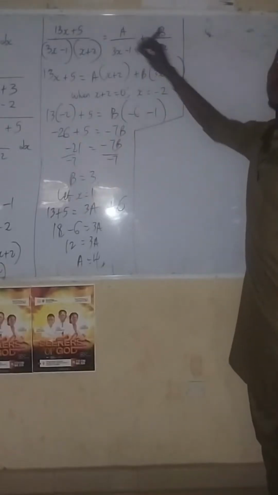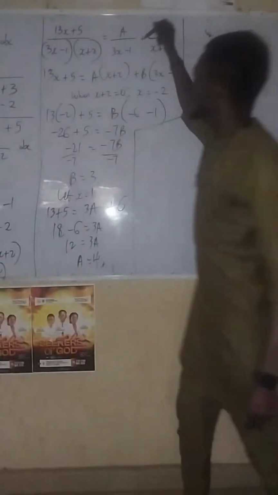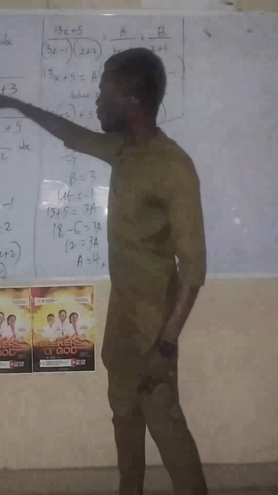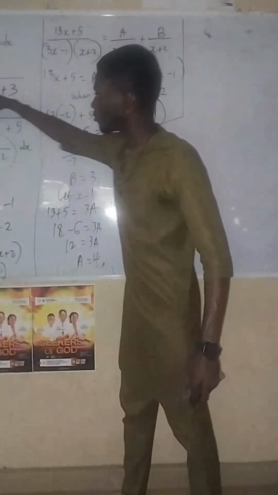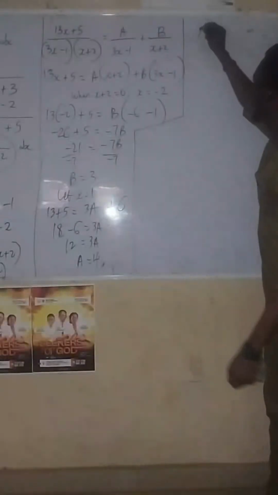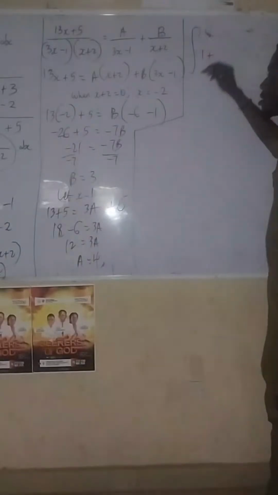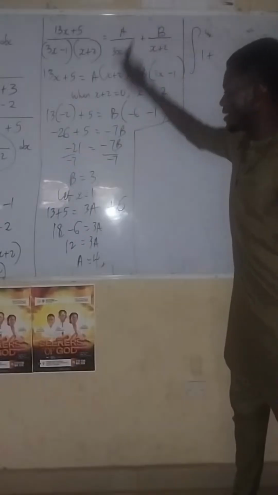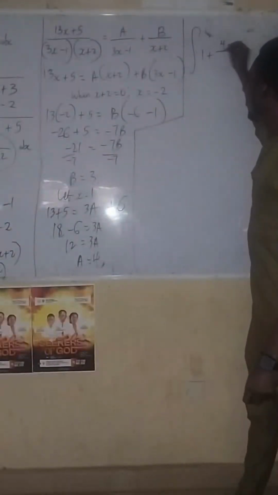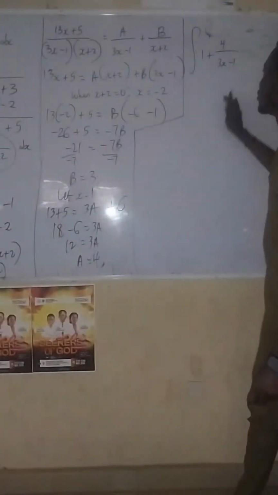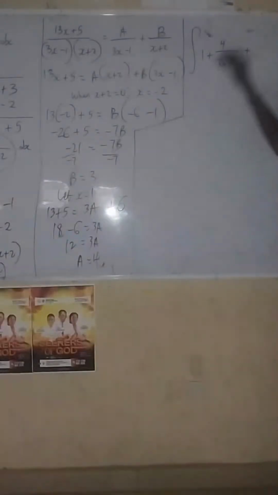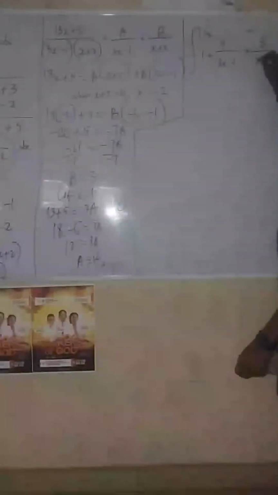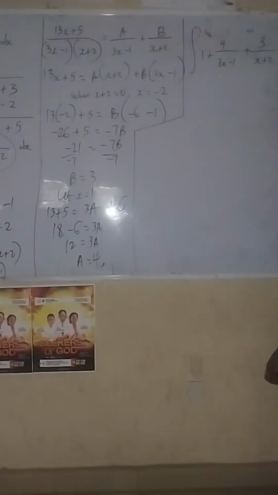Now we put it here. You know that this one is substituted for this one now. So we are looking for the integral of 1 plus 4 over 3x minus 1 plus 3 over x plus 2 dx.